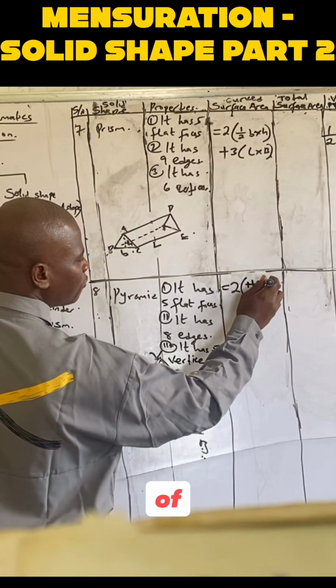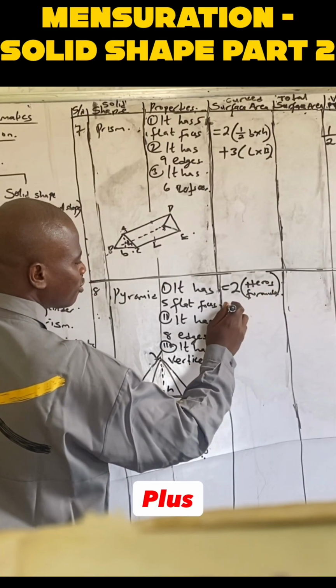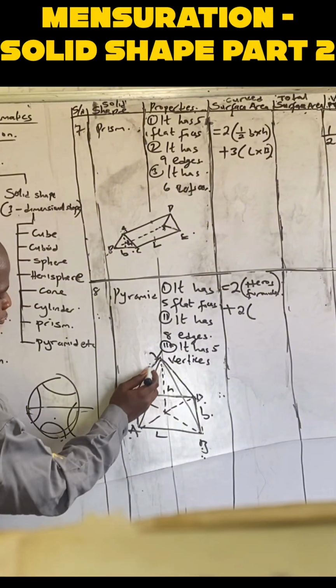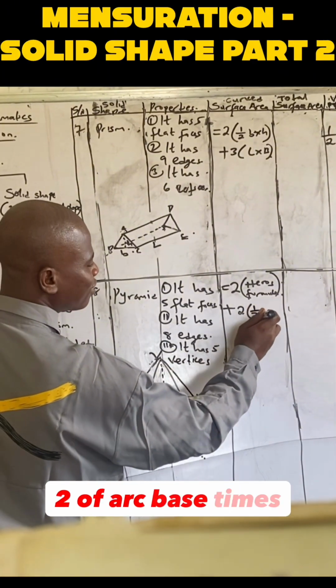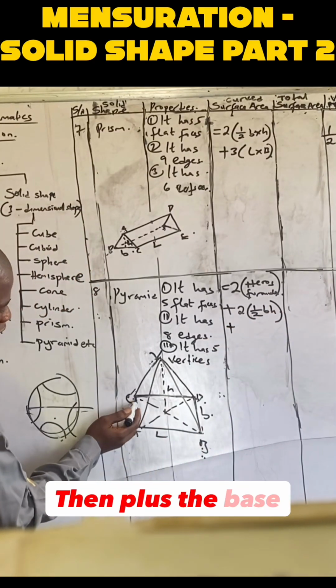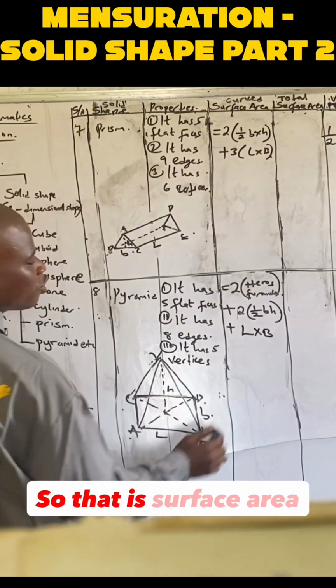Then plus 2 of the other triangles, VCD and VAB, which are half base times height. Then plus the base, length times breadth. So that is the surface area.